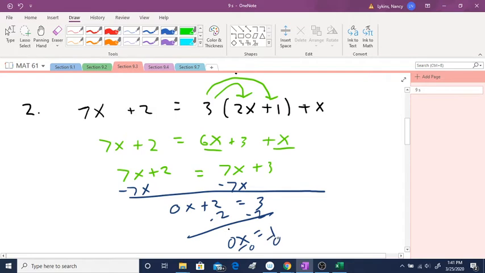Divide by 0 we cannot do, so that's undefined. That means there's no solution. So you can have no solutions. You can have zeros. You can have positive, negative numbers. I mean, you can even have fractions.